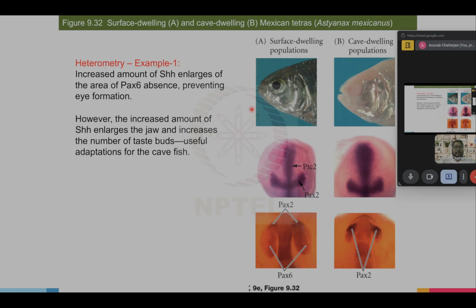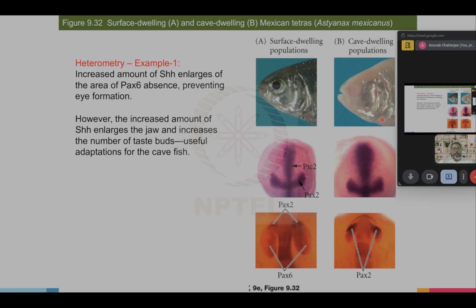But in a particular kind of fish, the Mexican tetra, there are two variants of the fish. One of them stays on the surface of the water, and there they have their normal eyes and expression of sonic hedgehog and PAX6. But then there is another variant of this species which lives in deep dark caves.